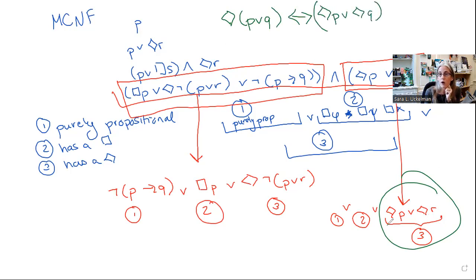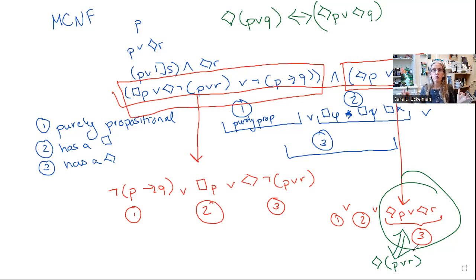So this means when we have a series of disjuncts that all have one possibility operator at the front, we can essentially bundle them all together so that we have a single possibility formula. So this would then become possibly P or R, because these are logically equivalent in system K and therefore also in system S5, which is what we are working in.